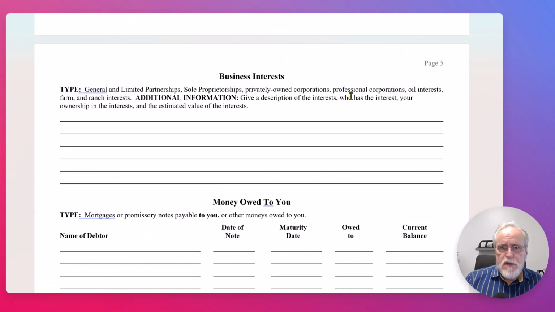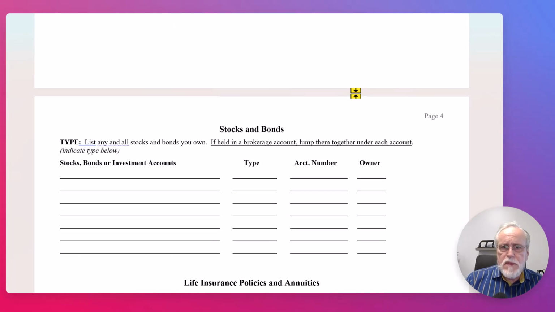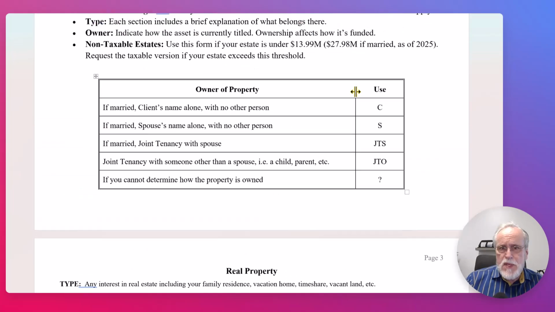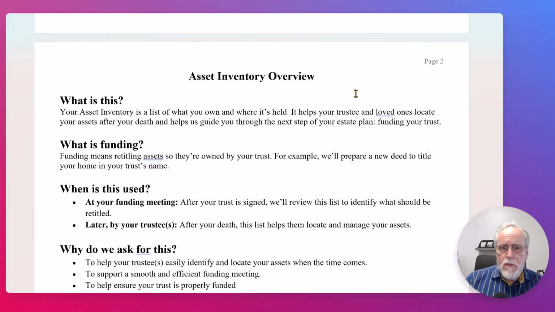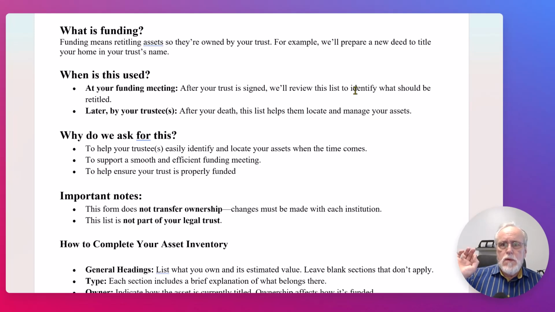So I hope this little video has helped clarify some things for you on this asset worksheet. The two main things that we want you to remember is that you do not hold up the process waiting for you to get this. We can proceed and you not fill this in at all. People do it all the time. That's your call.